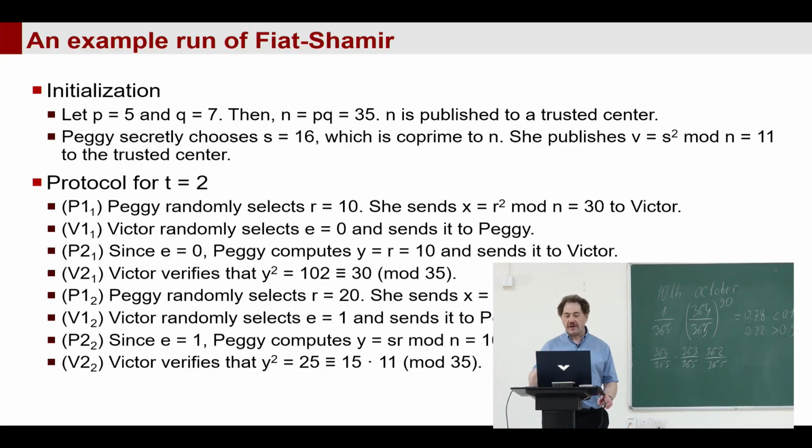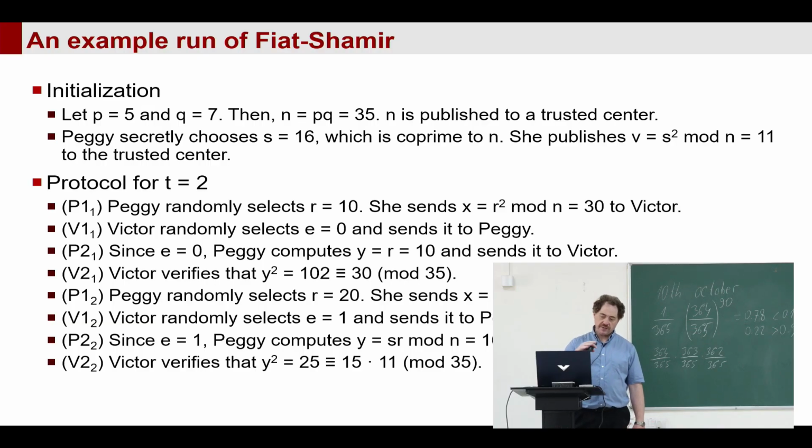The 35 is published to everyone, while 5 and 7 are kept secret. Now Peggy, the prover, secretly chooses 16. 16 is coprime to 35 because they don't have any common divisor. She calculates 16 squared modulo 35, which is 11. And that's the public key of Peggy.